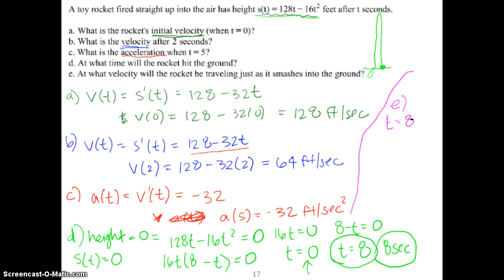All we have to do is find v of 8, which is 128 minus 32 times 8. V of 8 gives us negative 128 feet per second, which makes sense because the rocket is coming down, so it's going to have a negative velocity. By the time it smashes into the ground, it's going 128 feet per second in the negative direction.